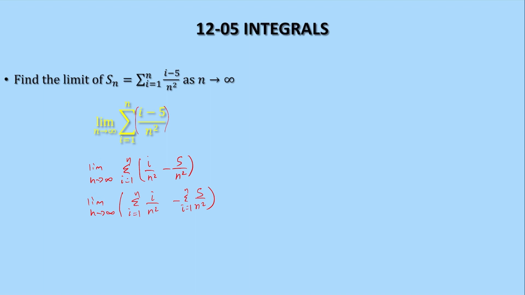Now, the variable of summation is the i. So anything that's not an i could be factored out of each of the sums. So I could factor out a 1 over n squared from the first sum, leaving the sum of i. And the second sum doesn't even have an i. So it's like the sum of c. So this one we have a formula for.